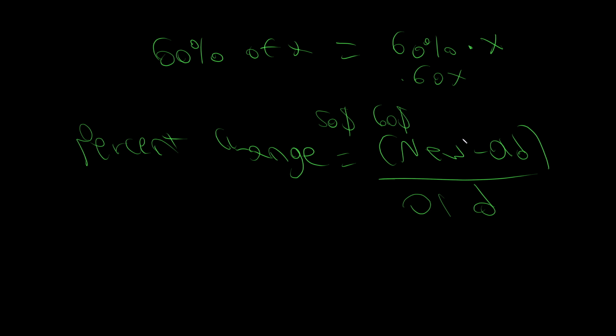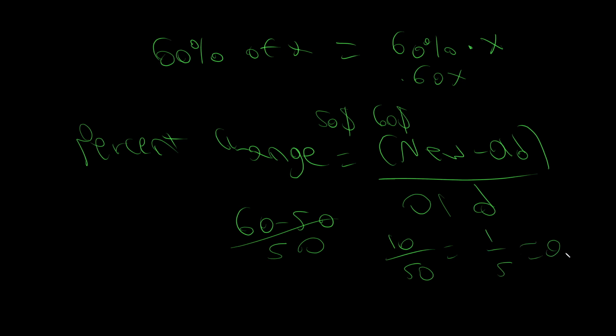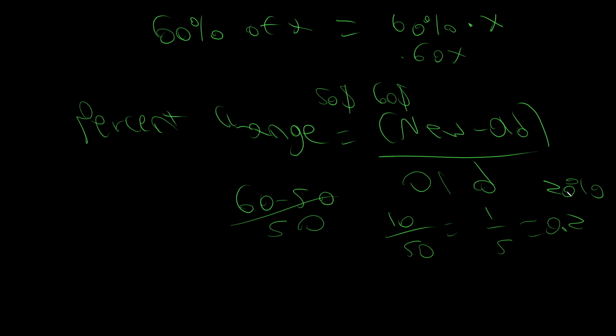How much percent did it increase? So you have the new one, which is $60 minus $50, all over 50. So you get 10 over 50, or 1/5, which is just 0.2. So 20% increase. We'll talk about how you can prove this later on.